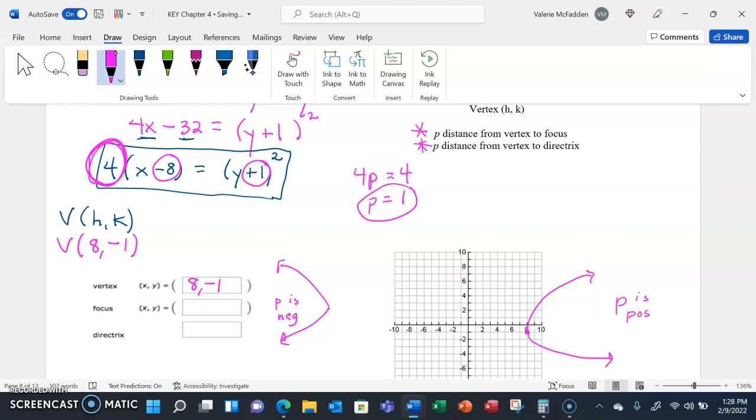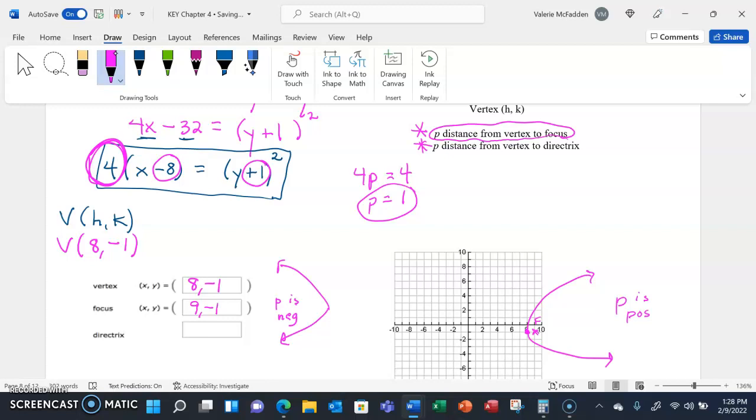The focus is always inside the parabola. Focus is always on the interior. So from the vertex to the focus, p is the distance. So 1 unit, and that's our focus right there. That would be 9, negative 1. 9, negative 1 is our focus.